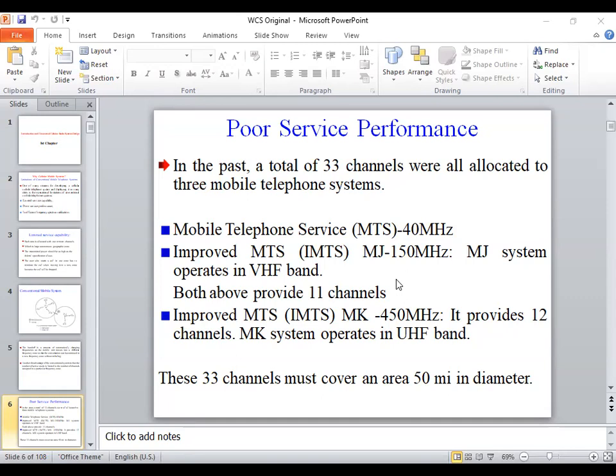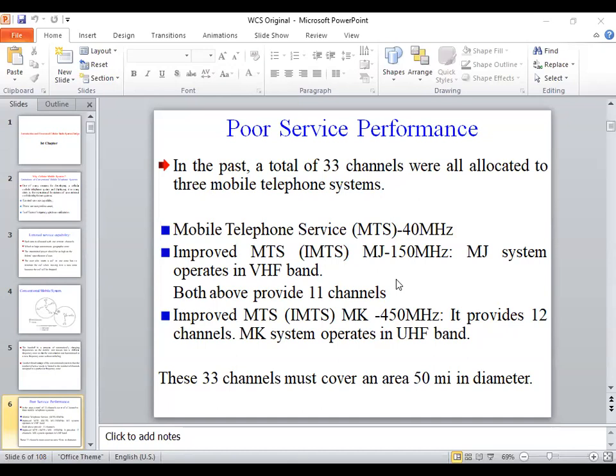Next is IMTS, the improved MTS version, and further it is designated as MJ 150 megahertz. The MJ system operates in the VHF band, very high frequency band. Both of the above, MTS and MJ 150, have only 11 channels.